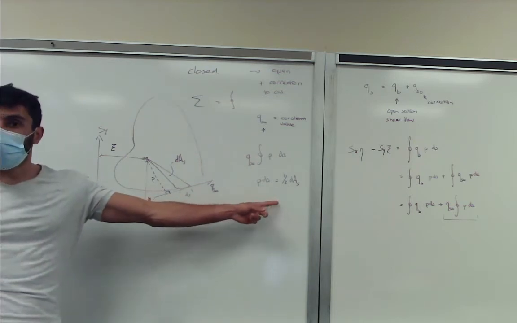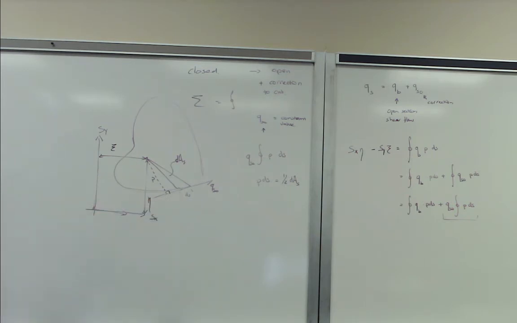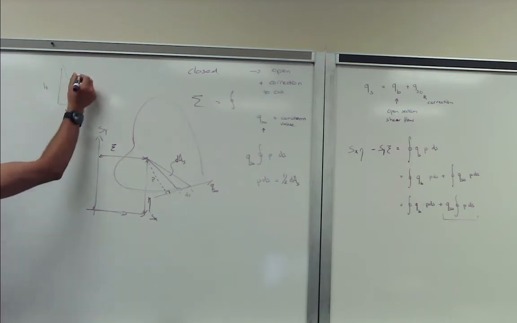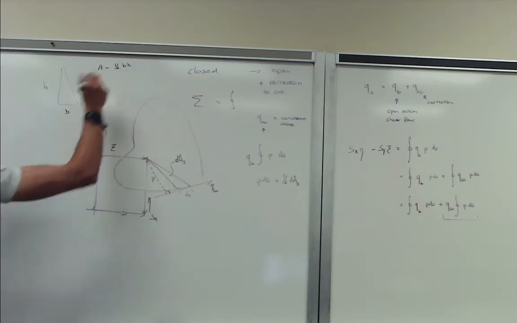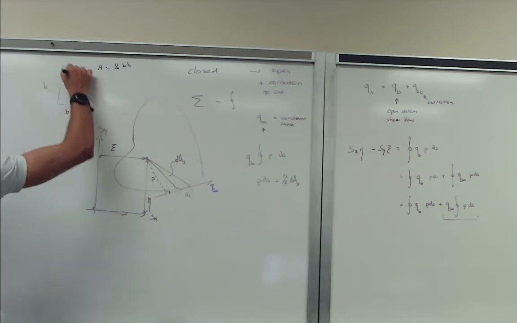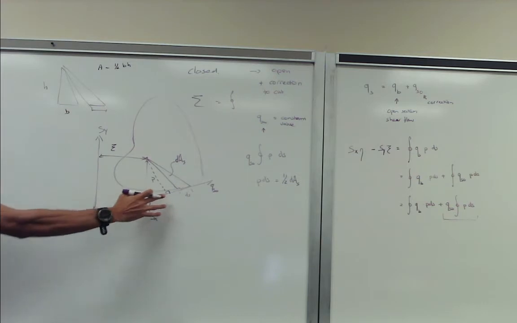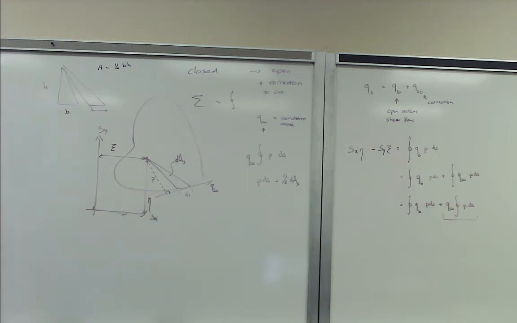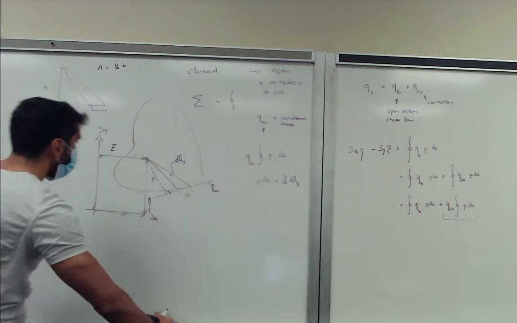Does this make sense, what I said here? We know that the area of a triangle is 1/2 base times height. And if the triangle is slightly deformed, you still have this base, and then this is the height. So that's what we apply here as well, and we can use this principle to determine what this integral is.